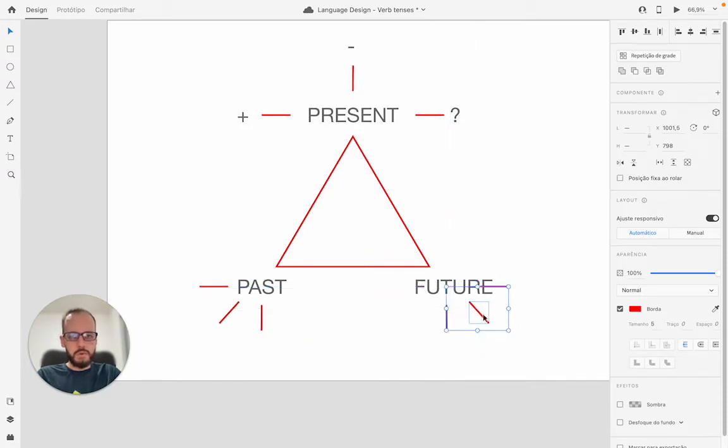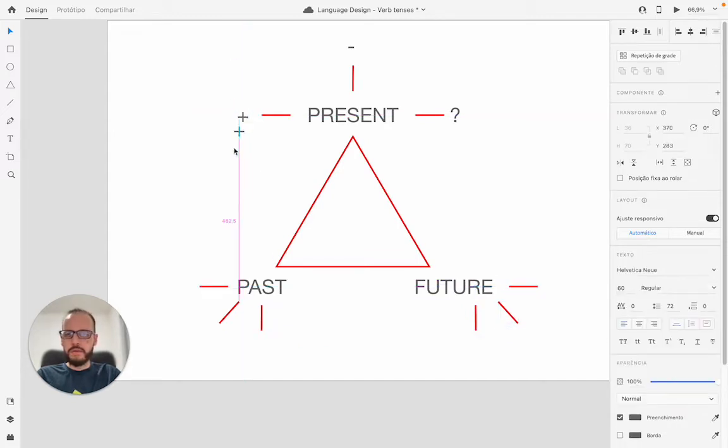So once we understand that we are creating these three kinds of sentences in the past, the present, and the future, we can already see some patterns repeating. What are these patterns? It doesn't matter if you're in the past, the present, or the future, you're always going to be able to create affirmative, negative, and interrogative sentences.